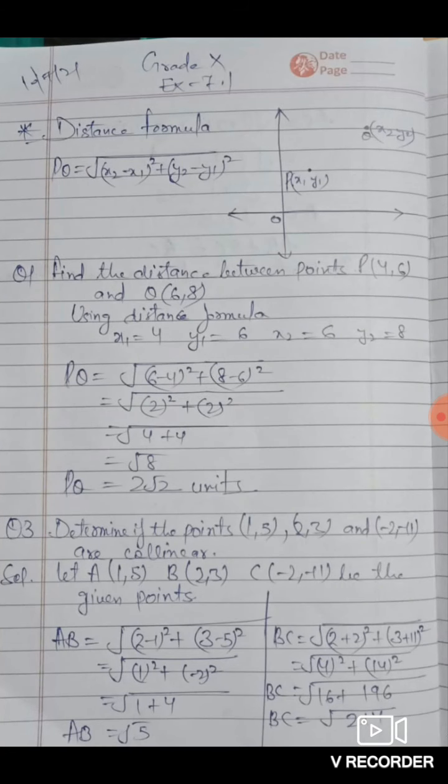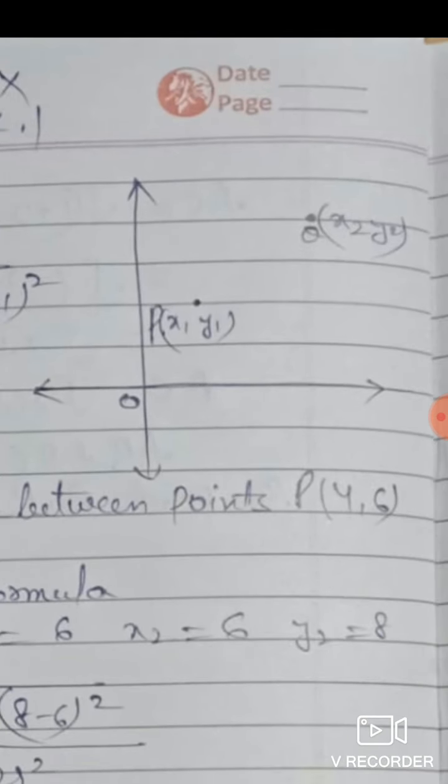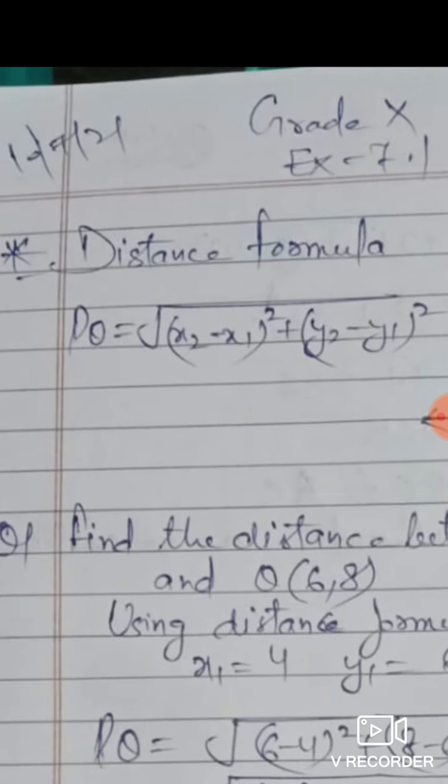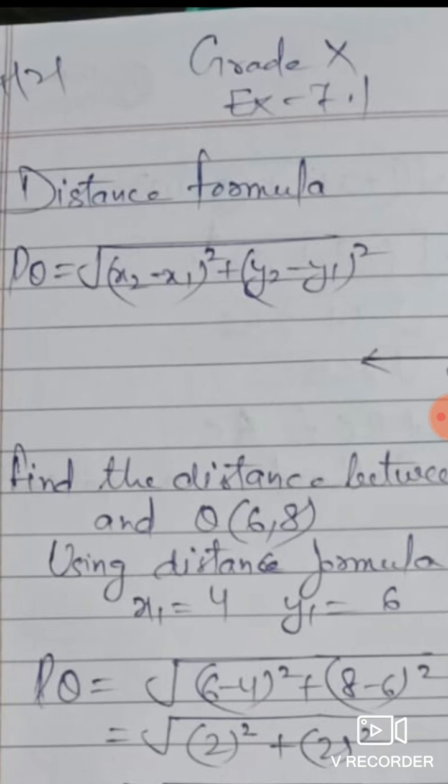So what is the distance formula? Look, suppose on the Cartesian plane 2 points are given to us, P and Q, whose coordinates are x1, y1 and x2, y2 respectively. Okay, coordinates are given, so what will be the distance formula? Using the distance formula, PQ distance will be equal to the square root of (x2 minus x1) whole square plus (y2 minus y1) whole square.